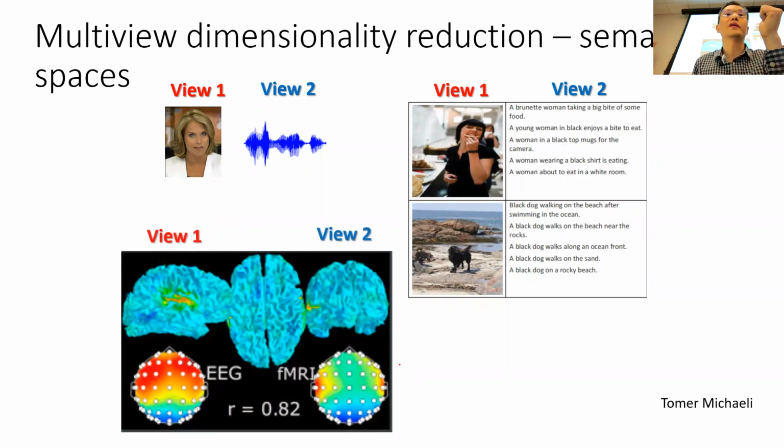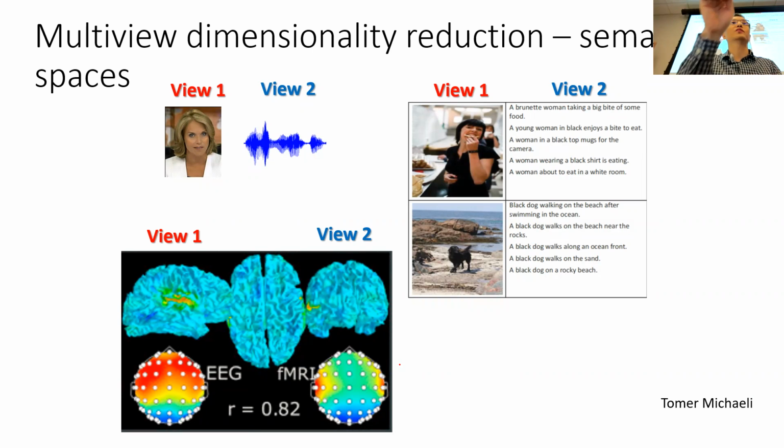Another example is EEG and functional MRI. They have different measurements for the same brain neurological activities, and then you want to build a correlation between them. Those are just examples, and also every kind of data set here is high dimension data.